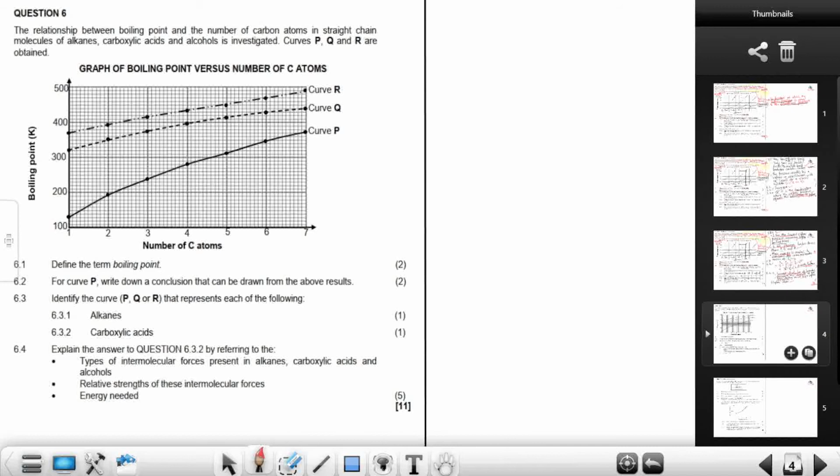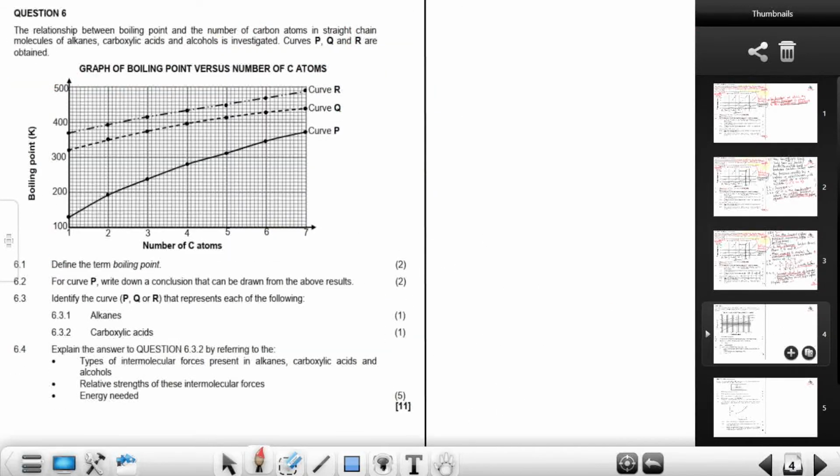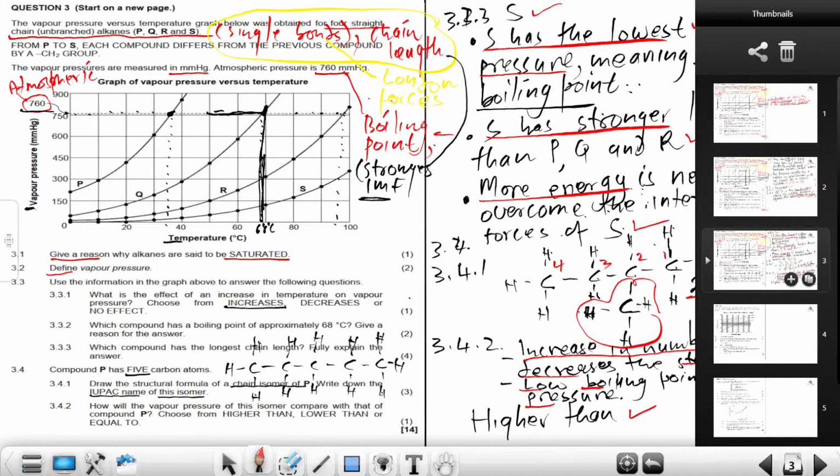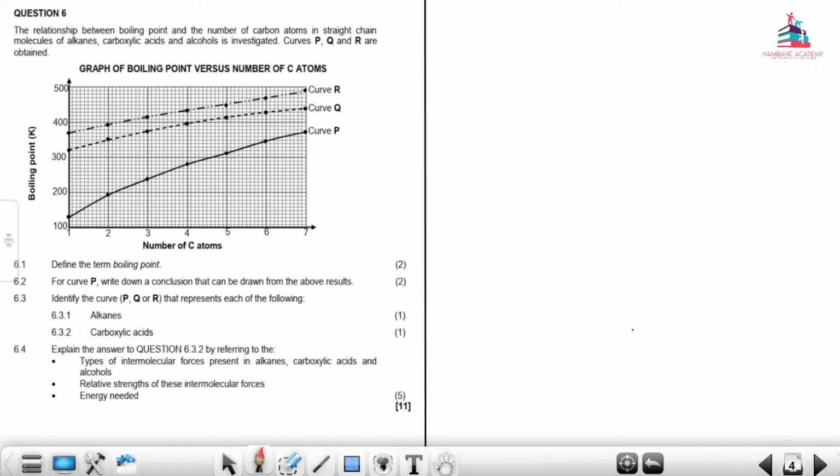So I'm going to have another question, and then in this question we are going to try and see, now it's another graph, but it's a graph in which I feel that this one, remember, was focusing on chain length. The next one that is coming now is focusing on different functional groups.